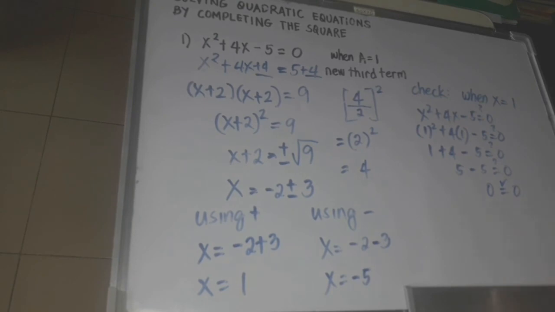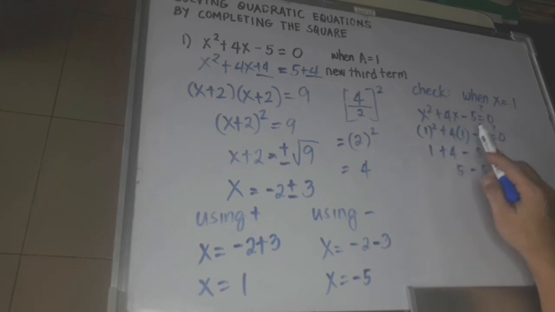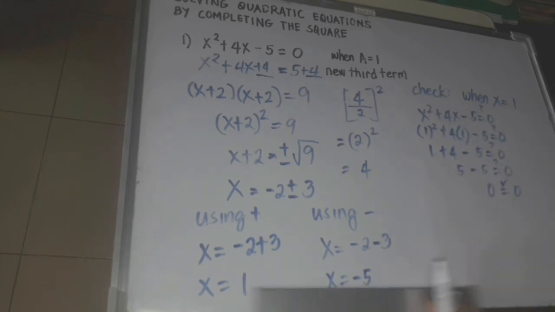And then that is correct. The value at the left side of the equation equals the value at the right side of the equation. Then the value of x satisfies the quadratic equation x squared plus 4x minus 5 equals 0.